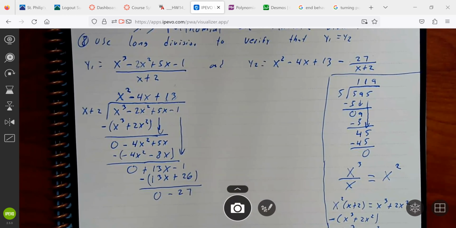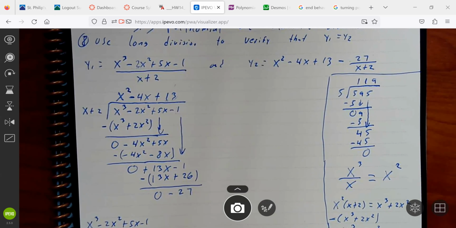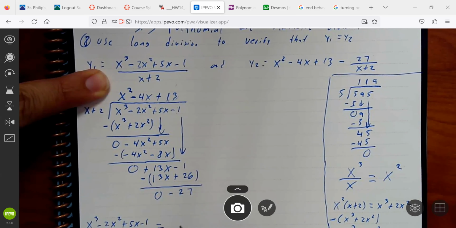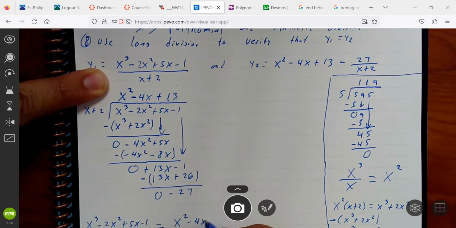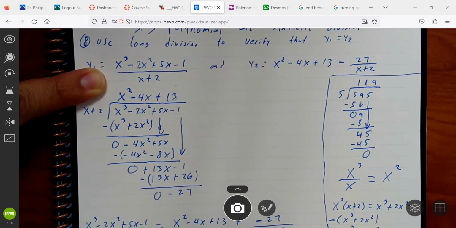So that means when you divide this, you will get this quotient, right? The remainder algorithm says you'll get the quotient plus the remainder over the divisor because I can't go any further.